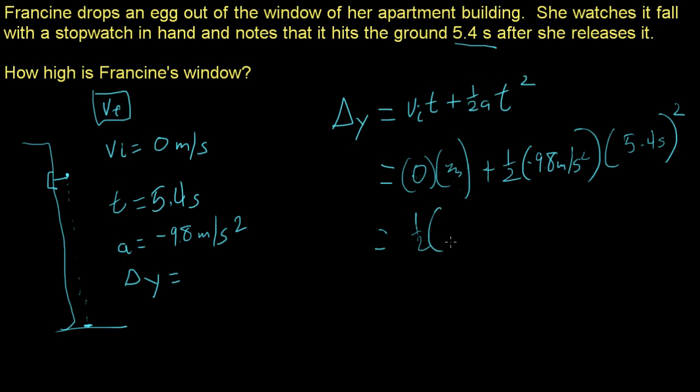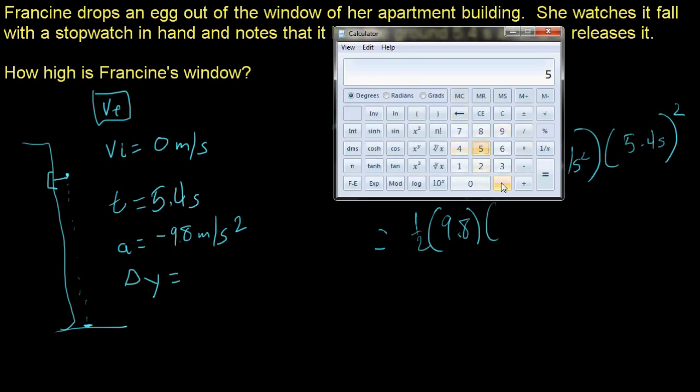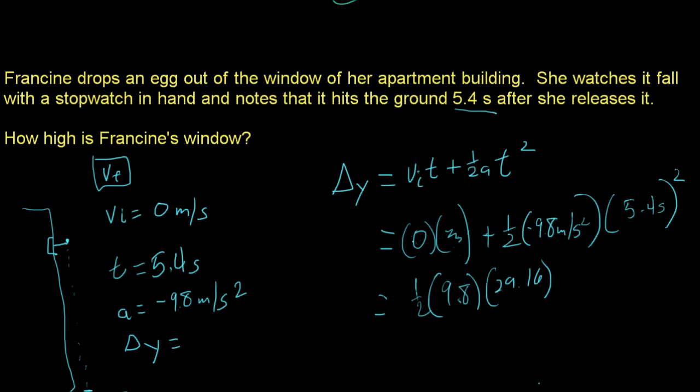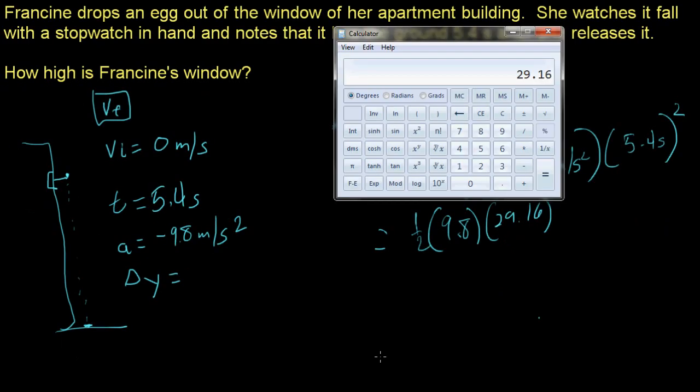So 1/2 times 9.8 times 5.4 squared. What's 5.4 squared? ...16. Alright, so that times 9.8 times 1/2.